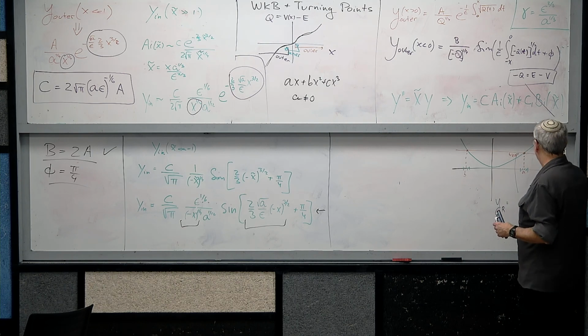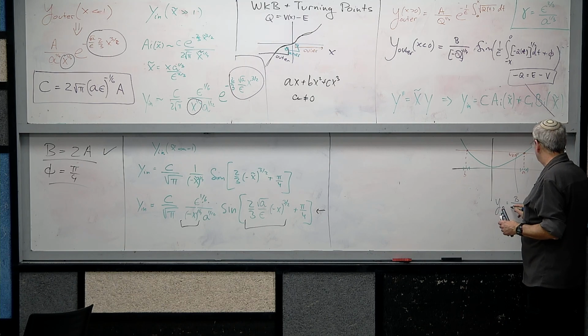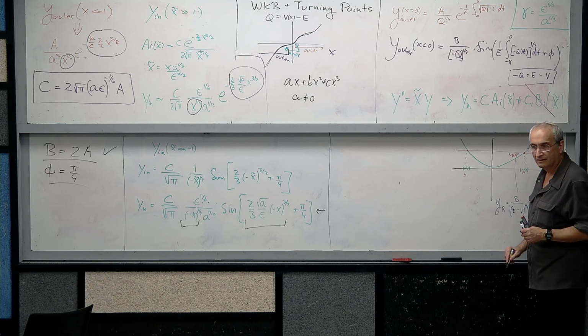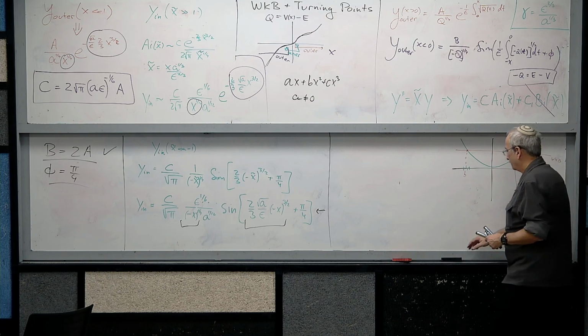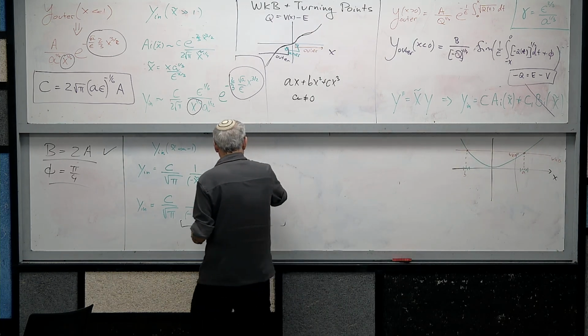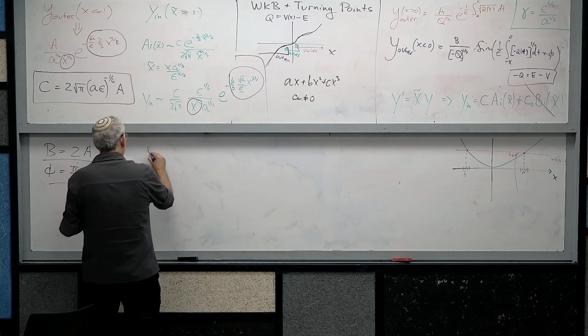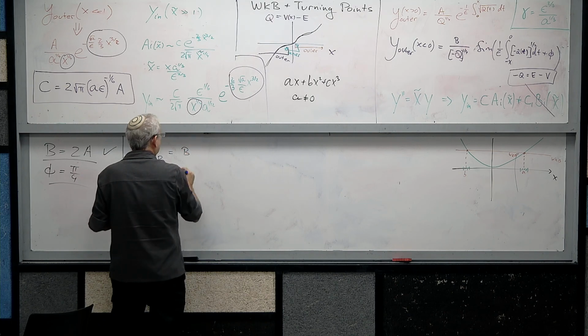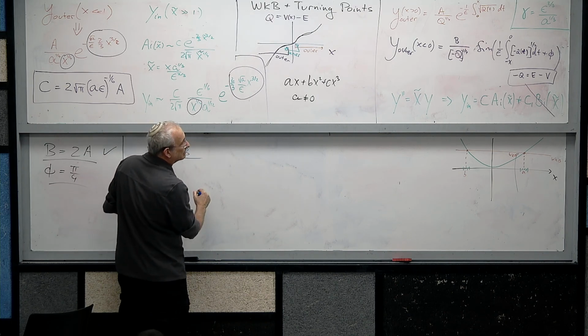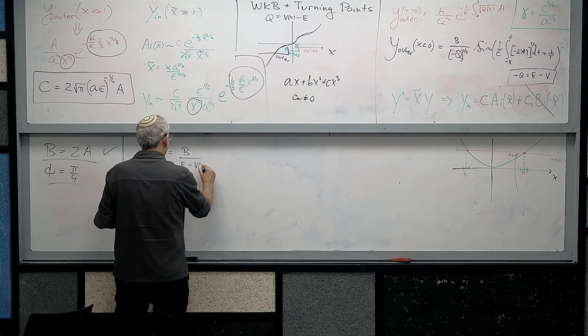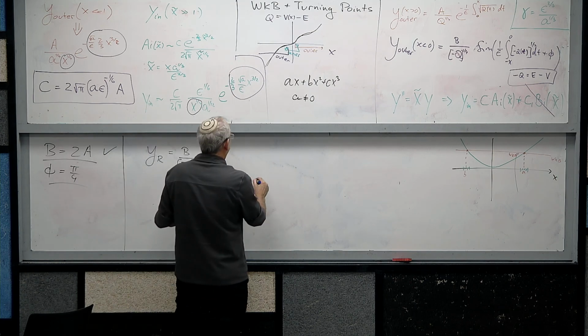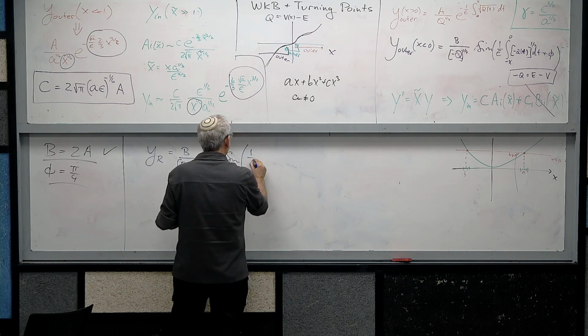Y right is what? Is B over E minus V of x to the power of 1/4, times the sine of 1 over epsilon integral.